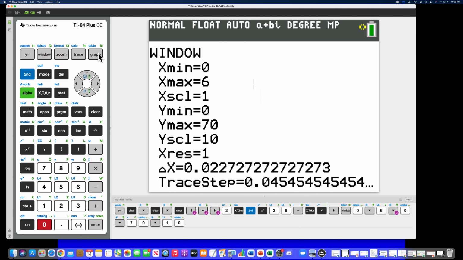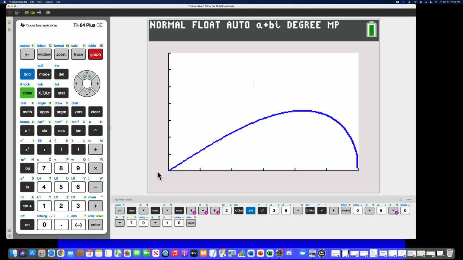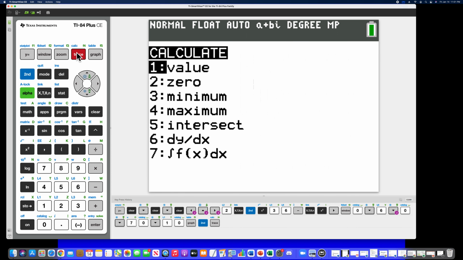Now we graph it. Okay, so here's my curve. I can clearly see it's increasing and changing to decreasing somewhere in this area, which is giving me a relative max. So I'm going to go to my second trace, my calculation window, ask for a maximum, number 4.